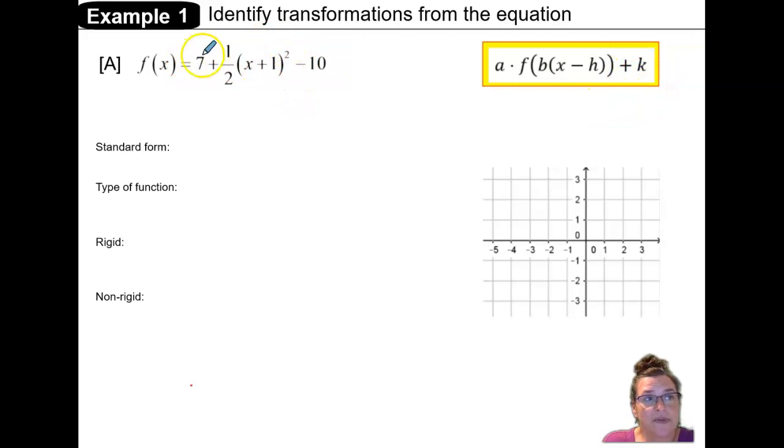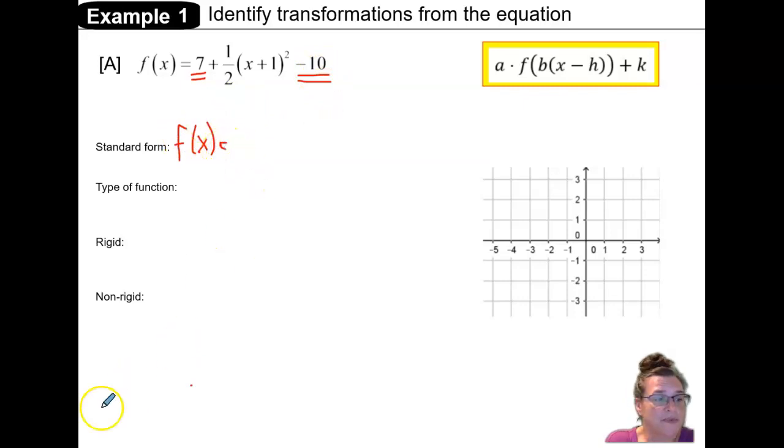But we can simplify this to get it into standard form by combining like terms. The 7 is being added to this product in the middle, so we combine that like term with the negative 10 to simplify.